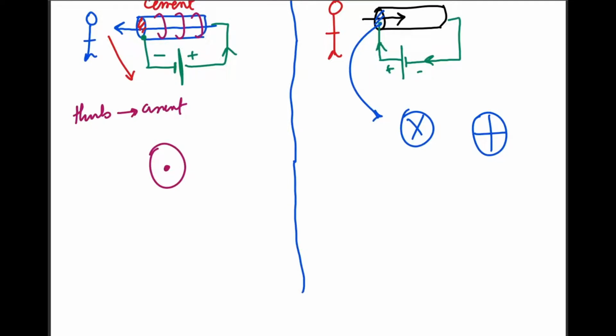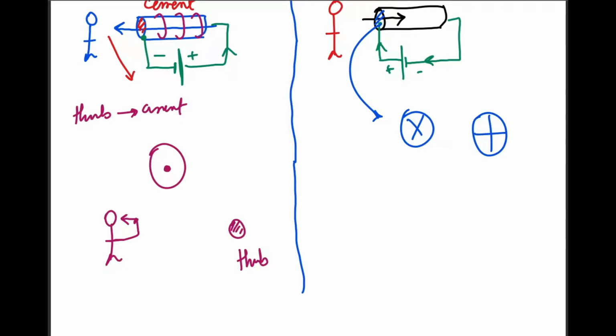Since the current is out of the page, I will take my right hand, and I'm standing right here, for example. I will point the thumb towards my eyes, because I'm trying to match the direction of the current that is coming out of the screen or out of the page right now. Once you've done that, this is what the thumb may look like to your eyes, just a circular face.